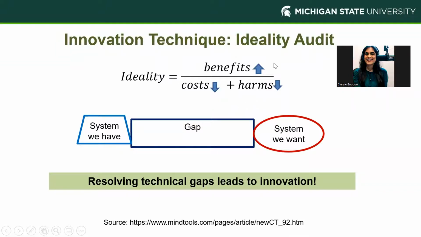One way to do that is to look at the system you have and the system you want, and in between is this technical gap. You can look at the COVID-19 tests you have and address what you want. If you can solve the gap, that is also an innovation.